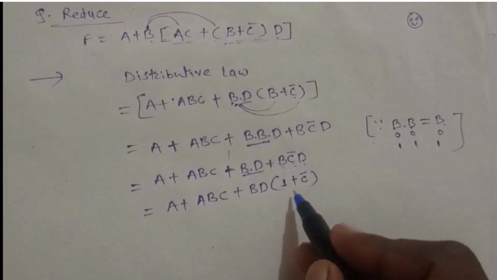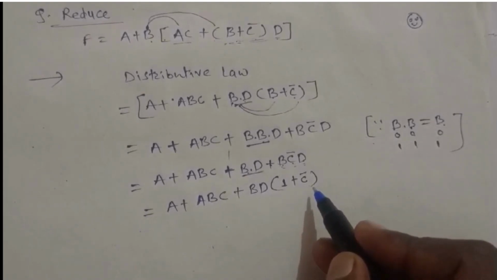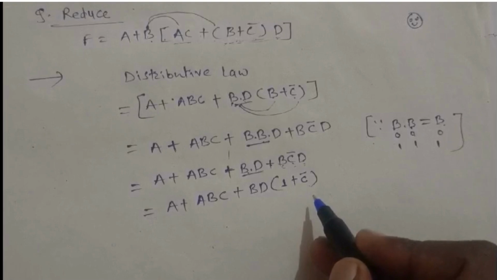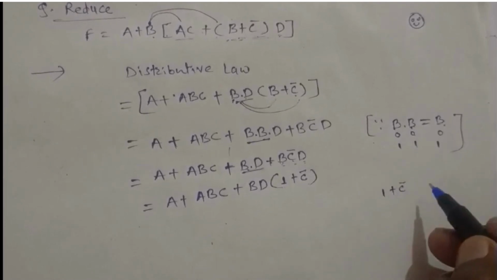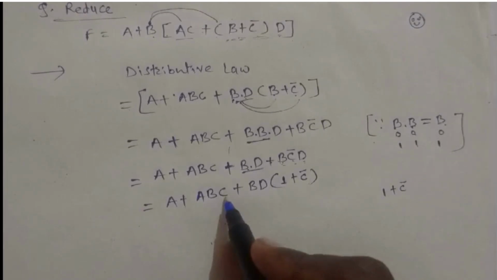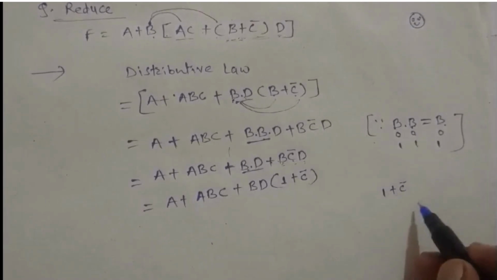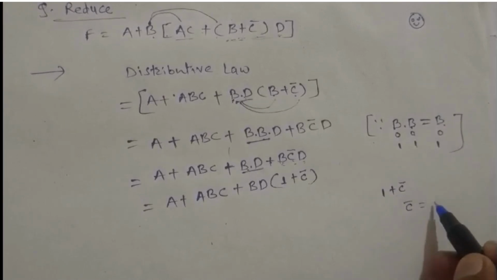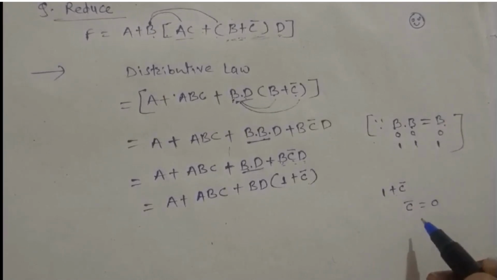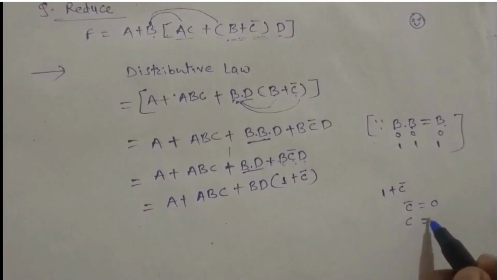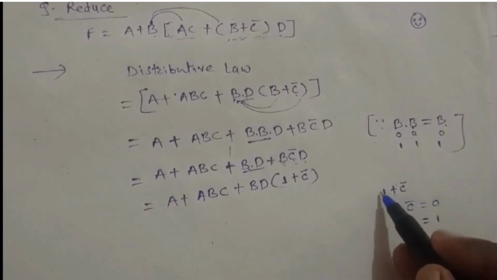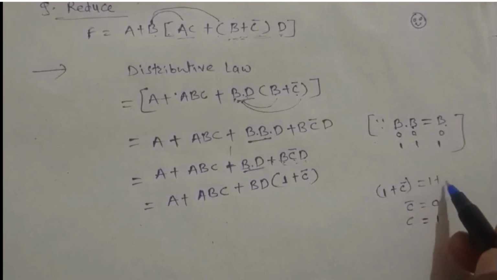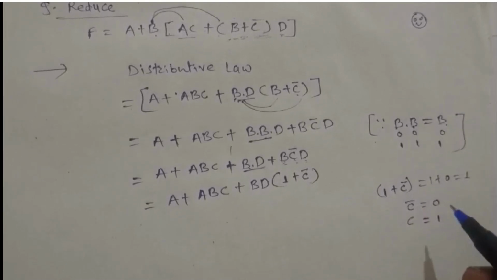Now 1 plus C bar is always 1. How? See here, in this term there is C and here is C bar. Let's consider C bar is equal to 0, then C will be its complement, that is 1. So this term will be 1 plus 0, which means 1.